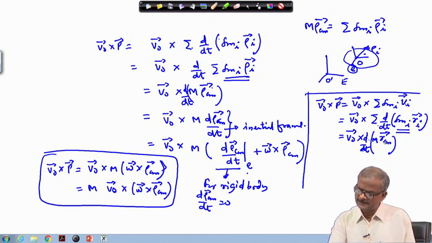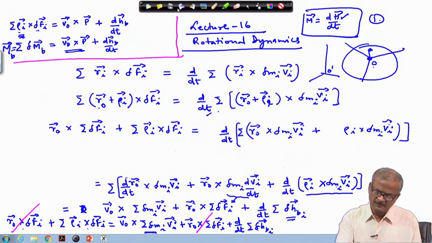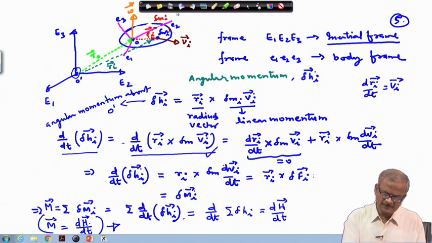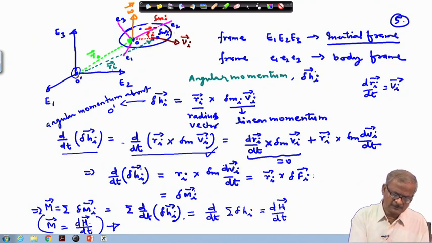So, the summation inside indicates m times R C m, where R C m is the center of mass, say located here in this figure. R C m is measured from this place to this place, because R I is measured from here.